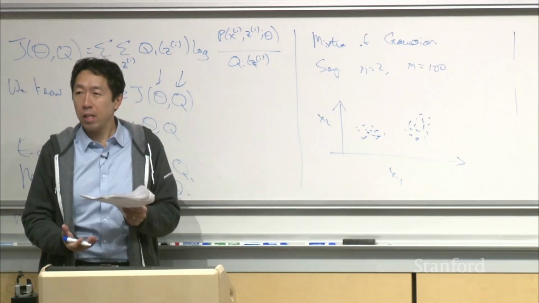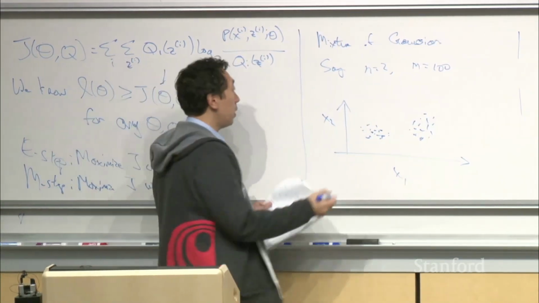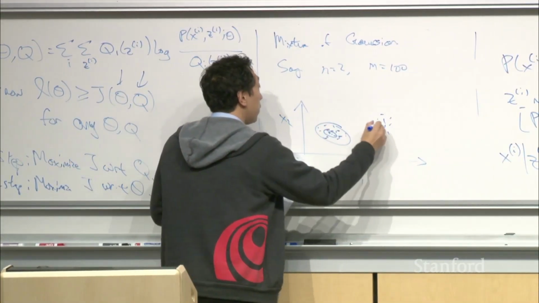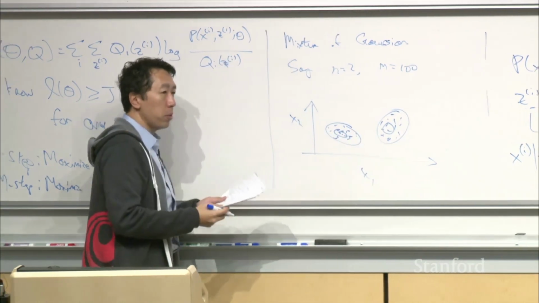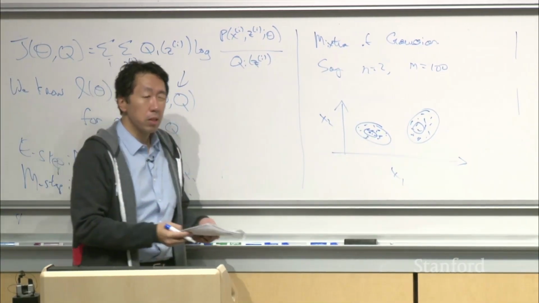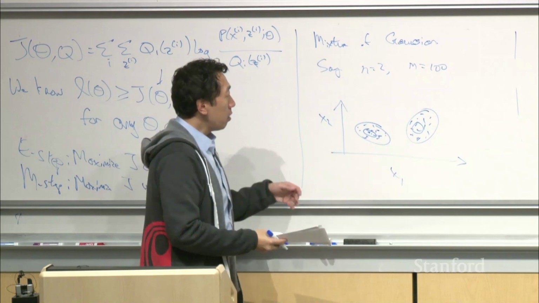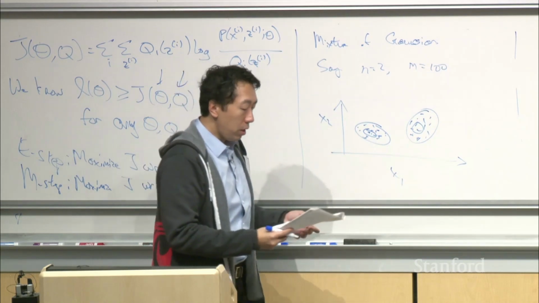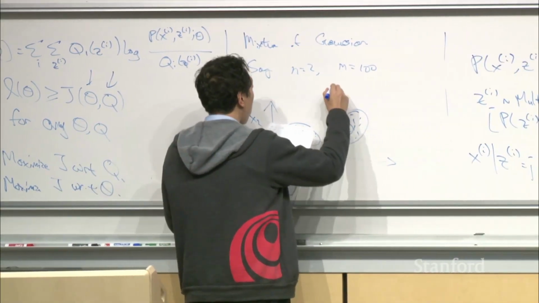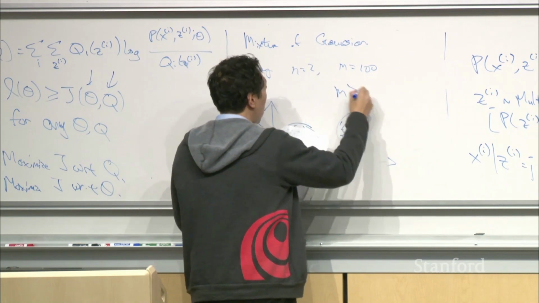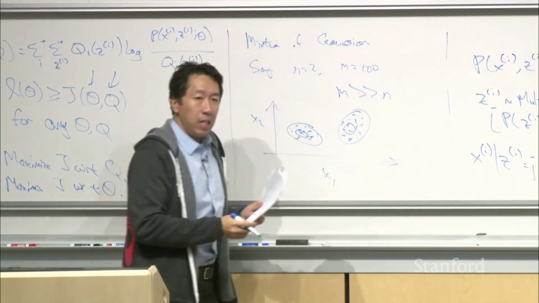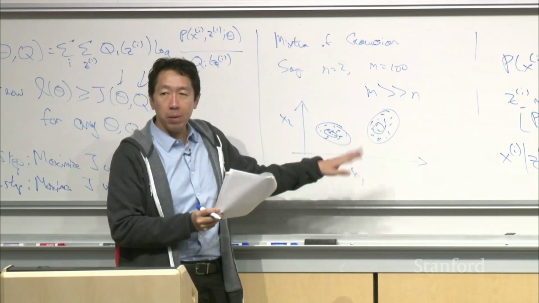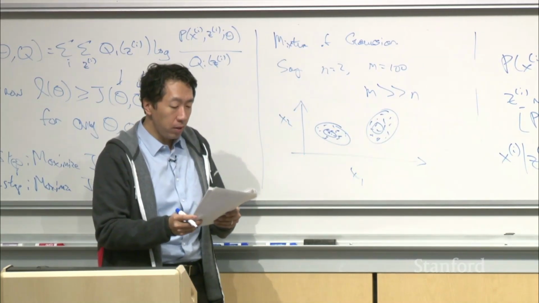Then a mixture of two Gaussians would be a pretty good model for this data set, right? You can fit one Gaussian there, fit a second Gaussian there. You can kind of capture a distribution like this with a mixture of two Gaussians. And this is one illustration of when you apply mixture of Gaussians: in this picture, m is much bigger than n, right? You have a lot more examples than you have dimensions.